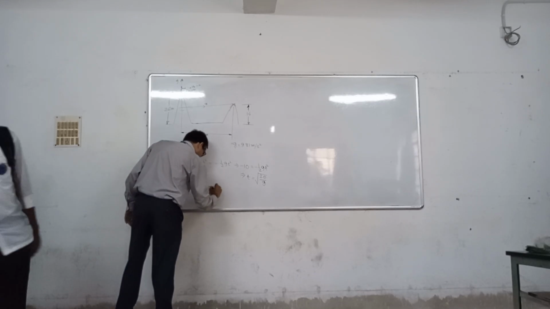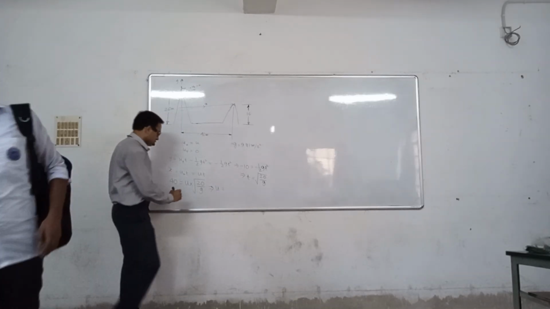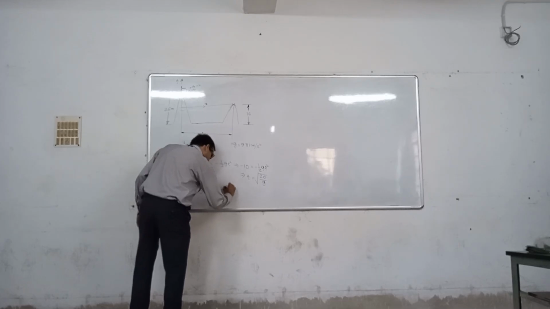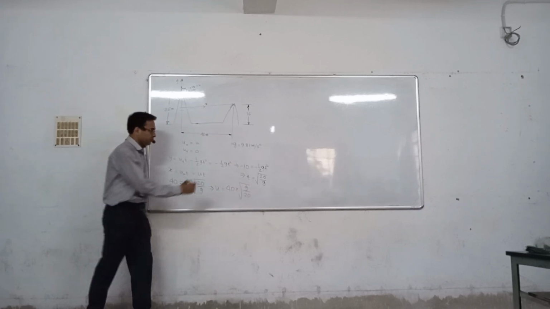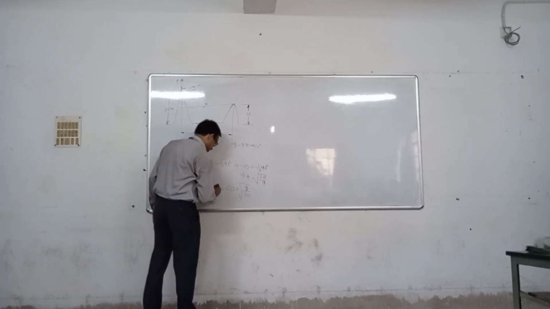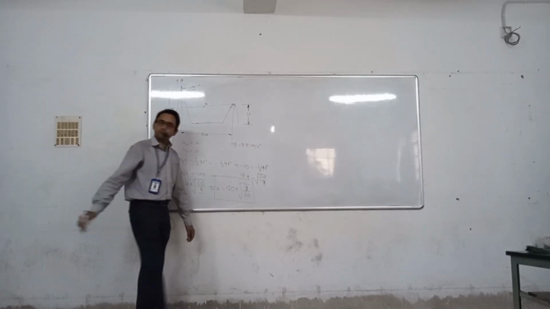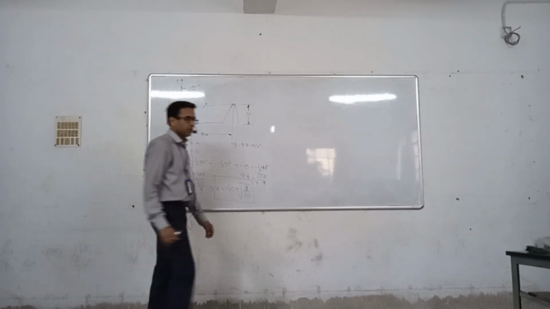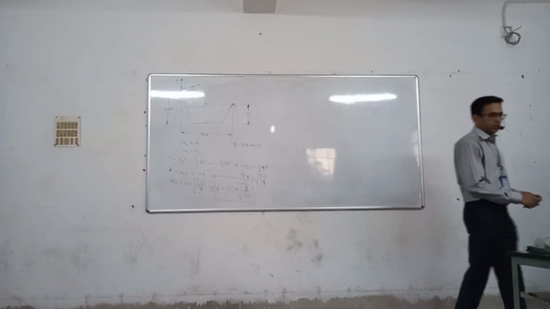Therefore you can solve for u. So u will be 40 under root g by 20. You just put the value of g equal to 9.81 and you will get the answer in meter per second.